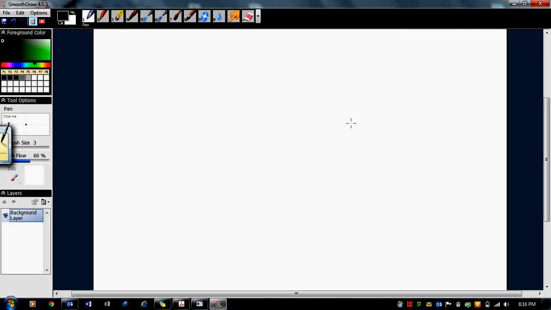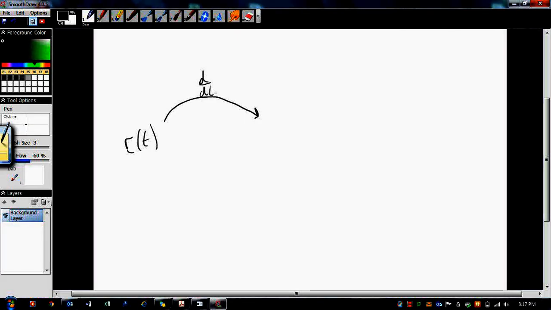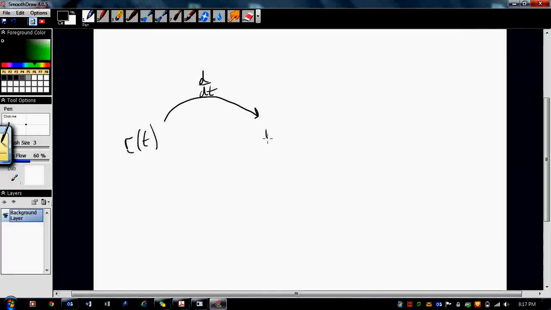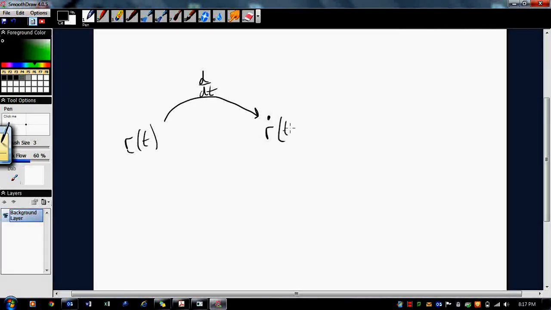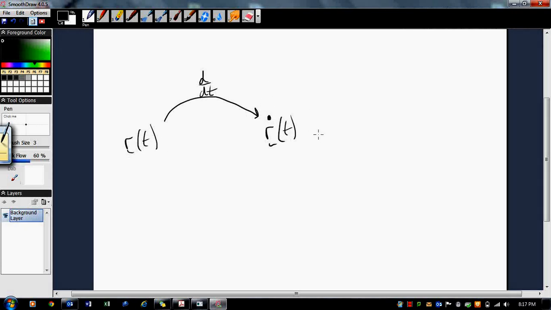What we're going to do today is something very similar. We're going to have a position vector r(t) that tells us a position with respect to time. If we differentiate that, just like before, we end up with r dot of t, which is just the first derivative of the position function. One dot means the first derivative, and that is our velocity function.